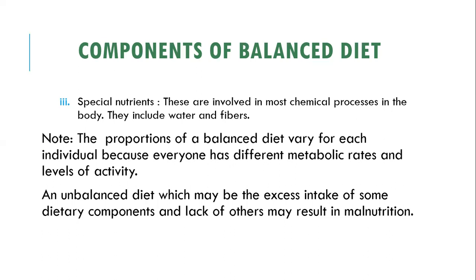An unbalanced diet, which may result from excess intake of some dietary components or lack of others, may result in malnutrition, simply bad nutrition, whereby a person is lacking some of the nutrients, or there is excess intake. So it means that the proportion of gaining the nutrients is not balanced in the everyday meal.